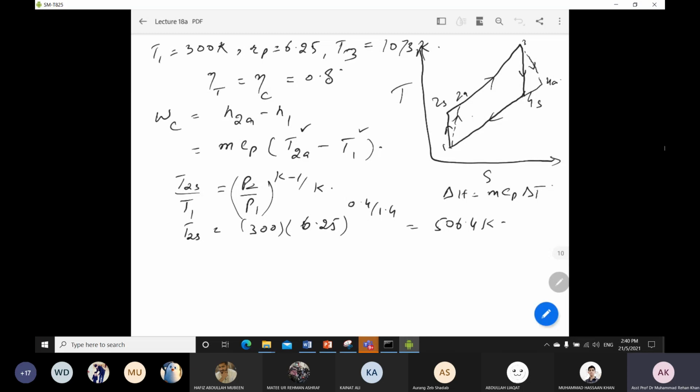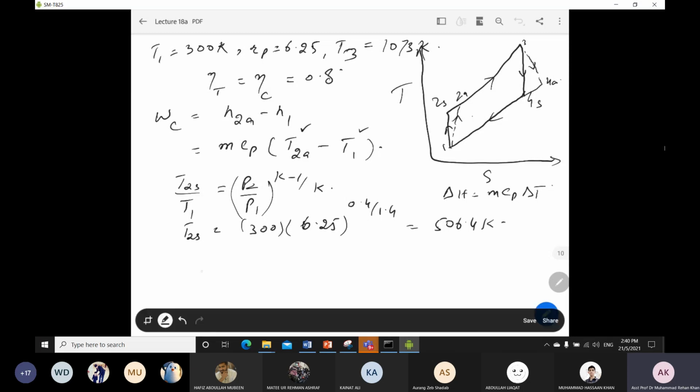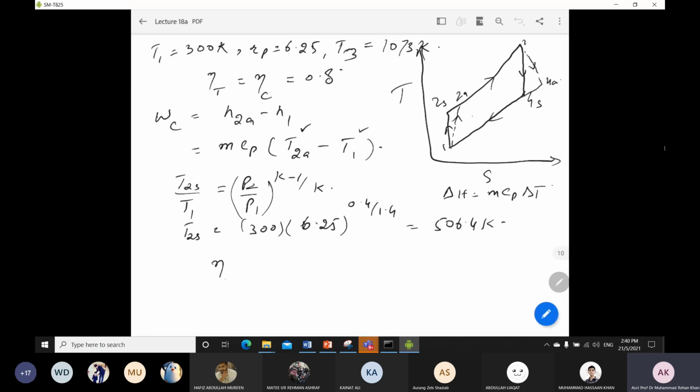If I solve it, it turns out to be 506.4 Kelvin. T2s is known to us, and we already know the isentropic efficiency of the compressor is 0.8. For the isentropic efficiency of the compressor, we can write the equation we developed in the previous case: H2s minus H1 over H2a minus H1, or equivalently T2s minus T1 over T2a minus T1.